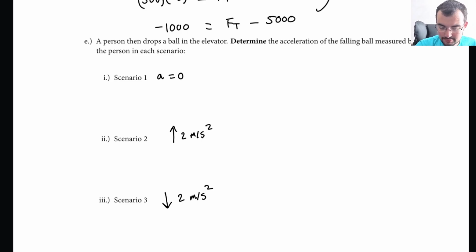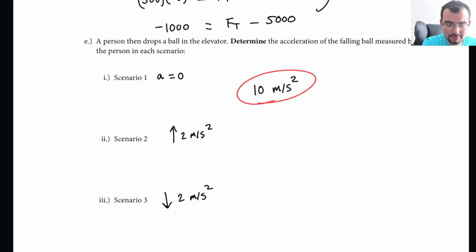Well, scenario 1, they would just measure 10 meters per second squared because there is nothing strange happening. So they would just measure a ball in free fall. So we're saying we drop a ball in the elevator. What acceleration do we measure?